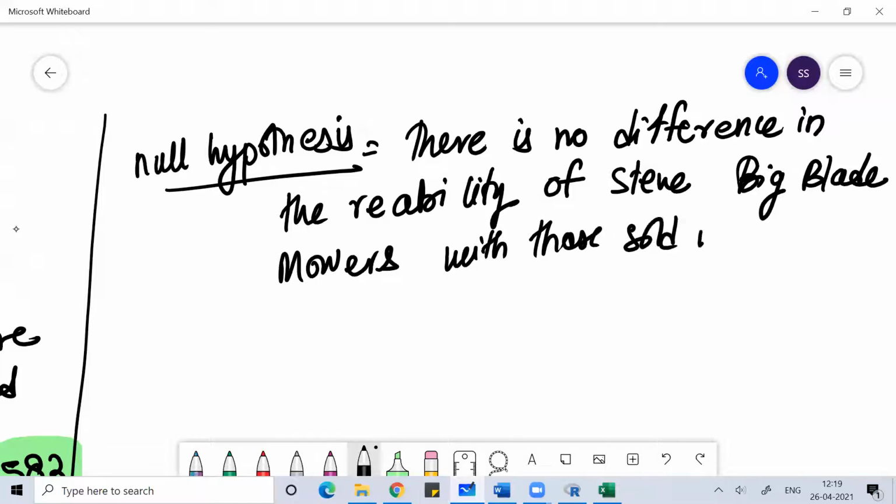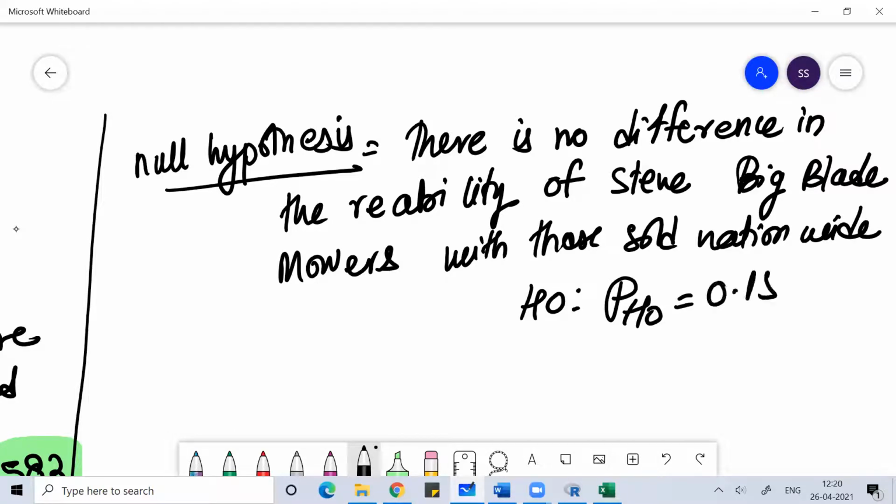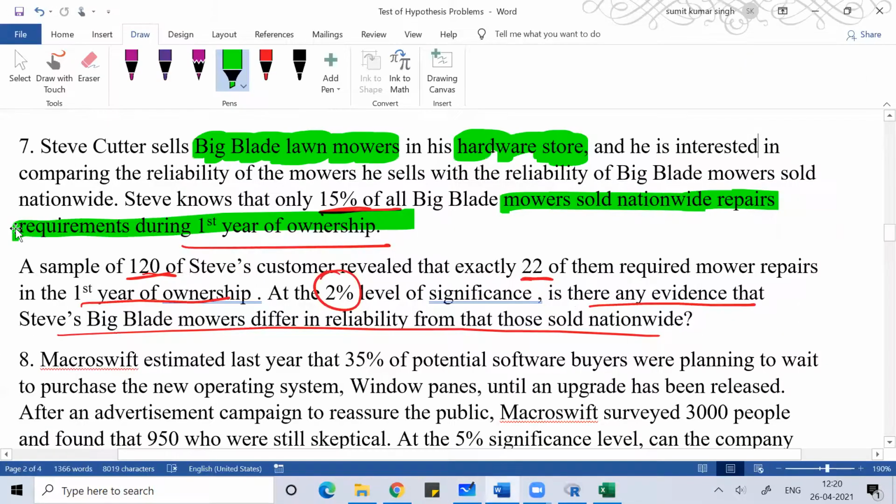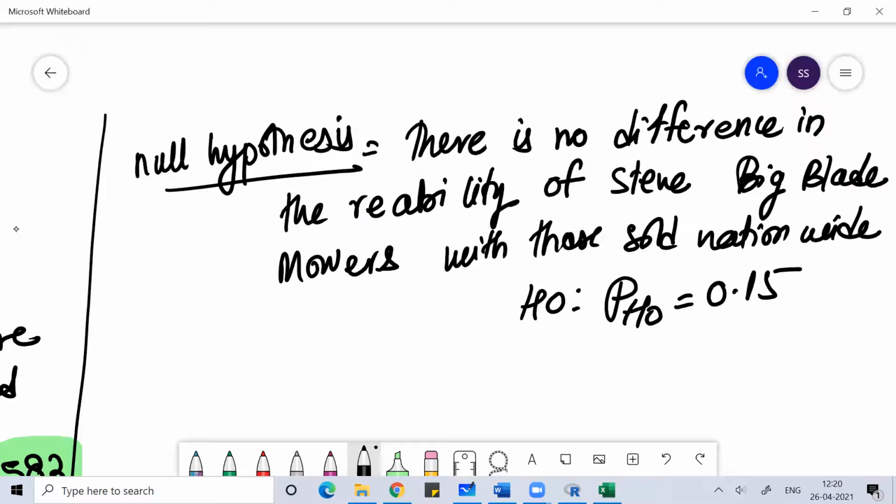In the null hypothesis you write H naught equals 0.15. That is what is given: Steve knows that 15% of all Big Blade mowers require repair during the first year of ownership. This is my null hypothesis.